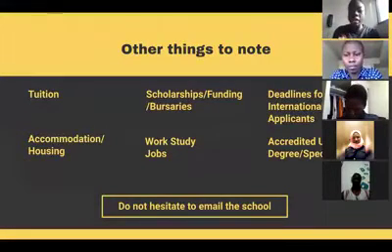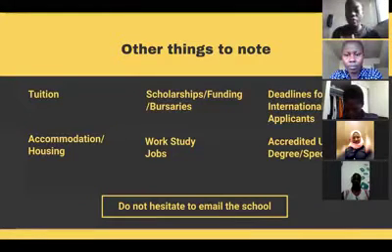Then for accredited university degree, you have to make sure that the university you finished from, or the high school you finished from if you're applying for undergraduate, is accredited in your country, so that you can apply to study in the university that you're interested in, or study abroad generally.